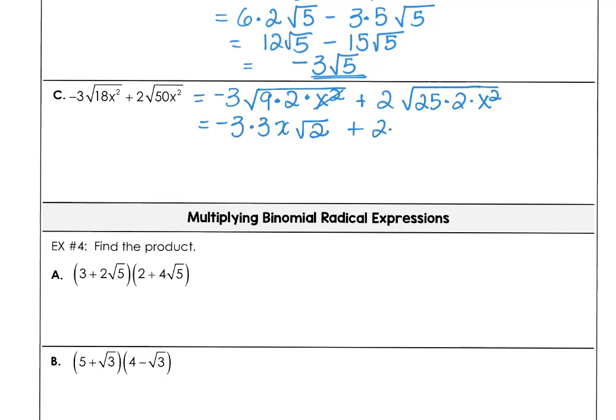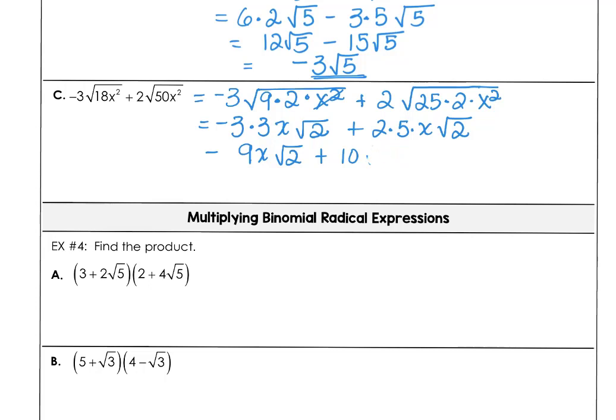Then we have 2 times 5 times x times the square root of 2. So negative 9x square roots of 2 and 10 square roots of 2. Oh, take that back. Hold on a minute. We need to erase there a minute.